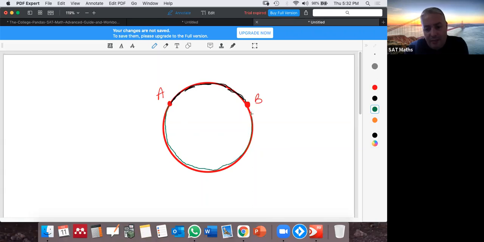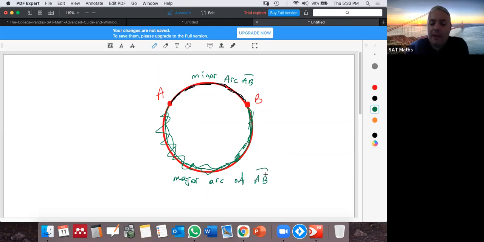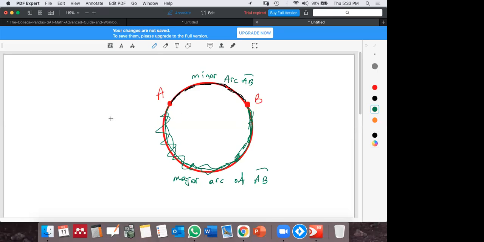The smallest one is called the minor arc of AB. The biggest one is called the major arc of AB. Minor is the small one, the major is the biggest one. Am I clear? Yes, sir, it's clear.